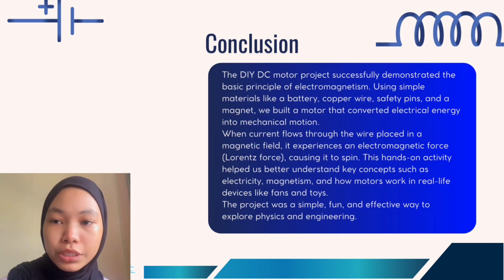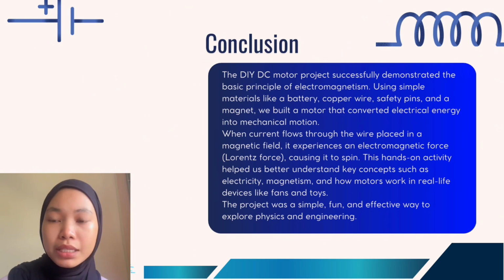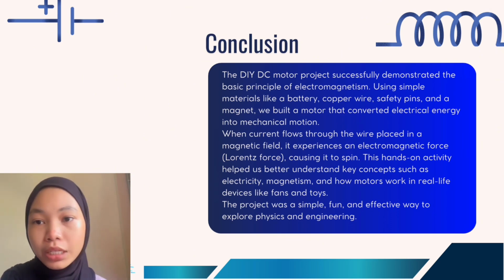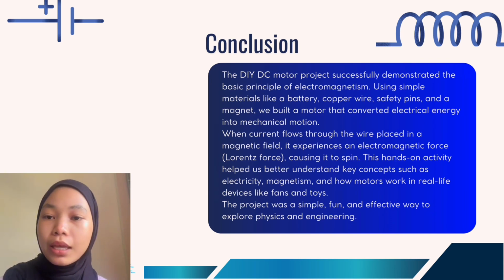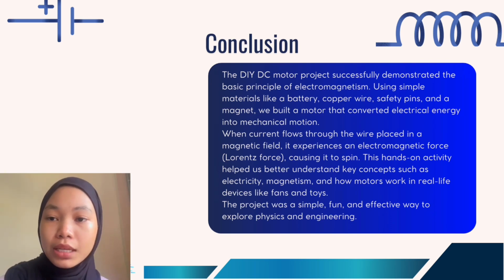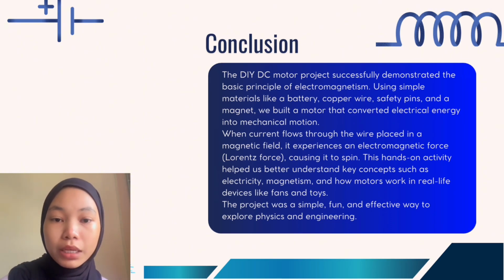Lastly is the conclusion. The DIY DC motor project successfully demonstrated the basic principle in electromagnetism. Using simple materials like a battery, copper wire, paperclip, safety pins and a magnet, we built a motor that converted electrical energy into mechanical motion.